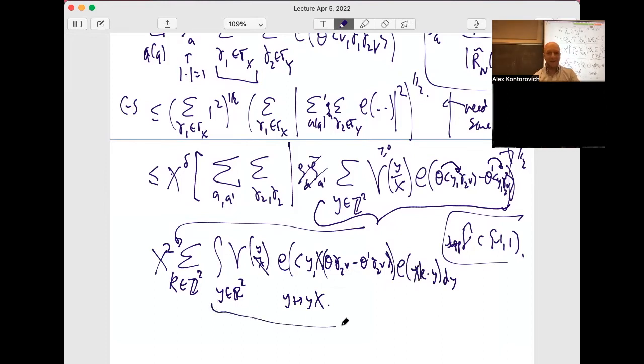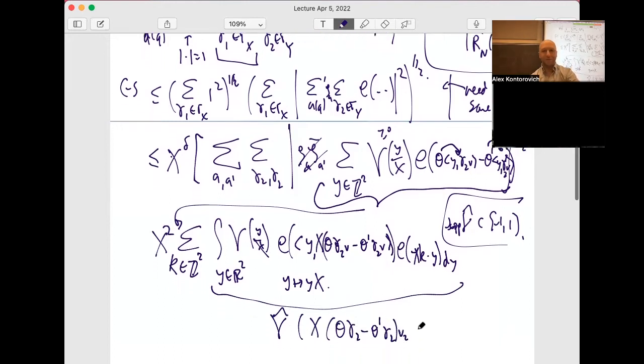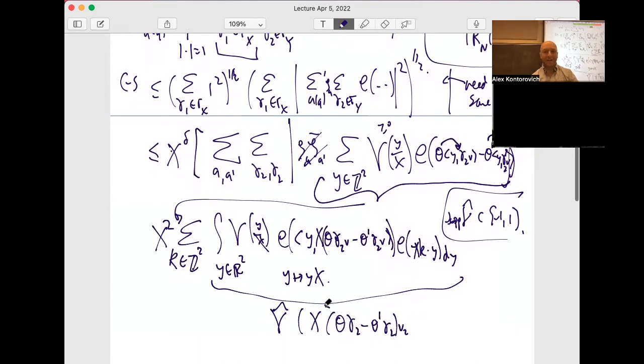So again, this is nothing but the Fourier transform at where? At x times theta gamma 2 minus theta prime gamma 2 prime v, minus k. That's an element of R2. So I'm grouping the x over there.